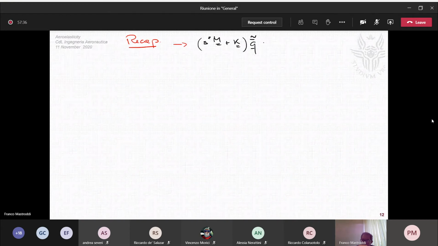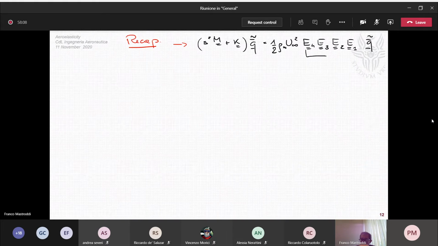On the left hand side, and on the right hand side we have the aerodynamic force composed by a constant factor given by the flow characteristics. This is the dynamic pressure, and then we have E4, E3, E2 and E1 applied to Q bar again.